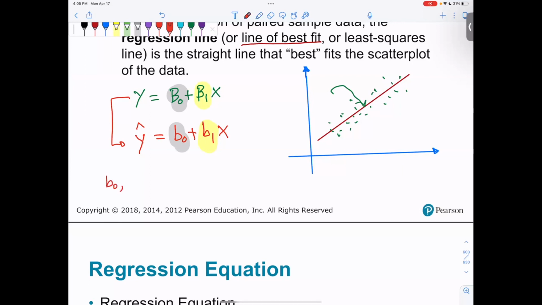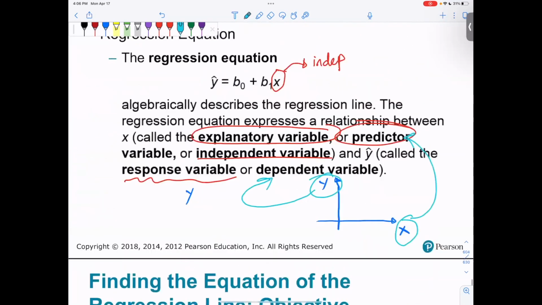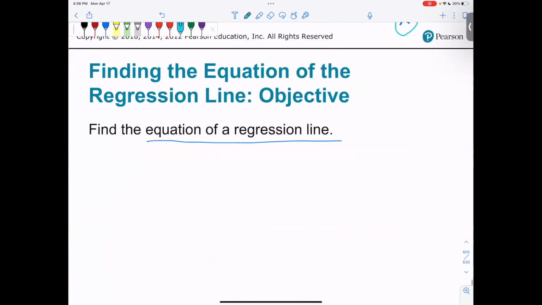Remember, b0 and b1 are two values calculated from a sample, so those two values are statistics. And beta 0 and beta 1, both of them are calculated from the population, so we call them parameters. So beta 0 and beta 1 are parameters, and b0 and b1 are statistics. The function we want to find is y hat equal to b0 plus b1x.